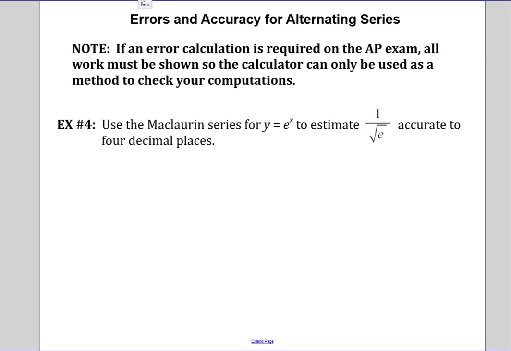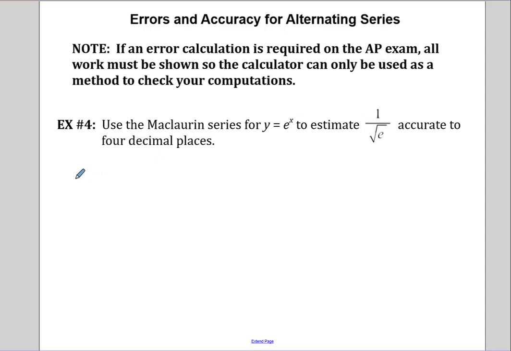computations. Here in example 4, we're going to use a Maclaurin series for y equals e to the x to estimate 1 over the square root of e, and we want that estimate to be accurate to 4 decimal places. So that's similar to example 2.